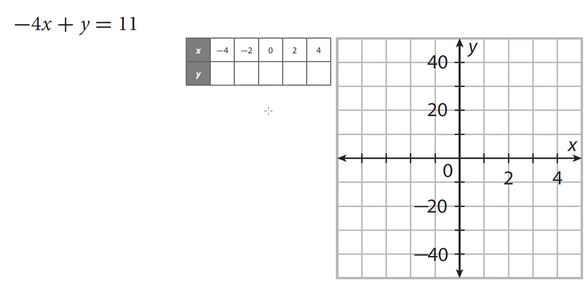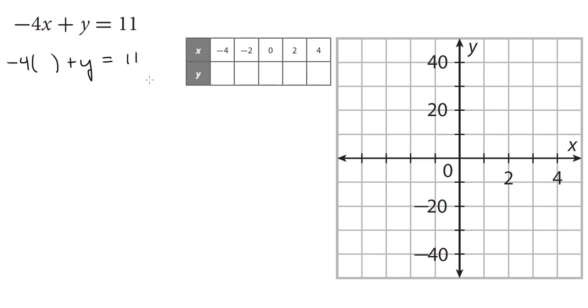All right, so let's go ahead and work through this example here. We have negative 4x plus y equals 11, and here's the table of values that we're going to use. Remember, we're going to substitute our x value and solve for y, and you always want to use parentheses. So I'm going to say negative 4, my parentheses for x, plus y equals 11.